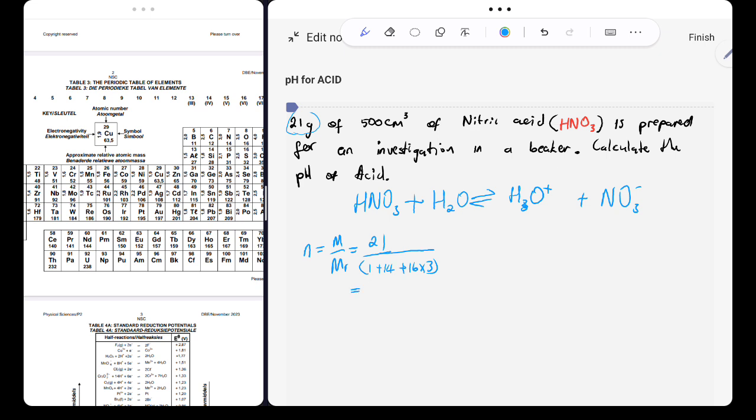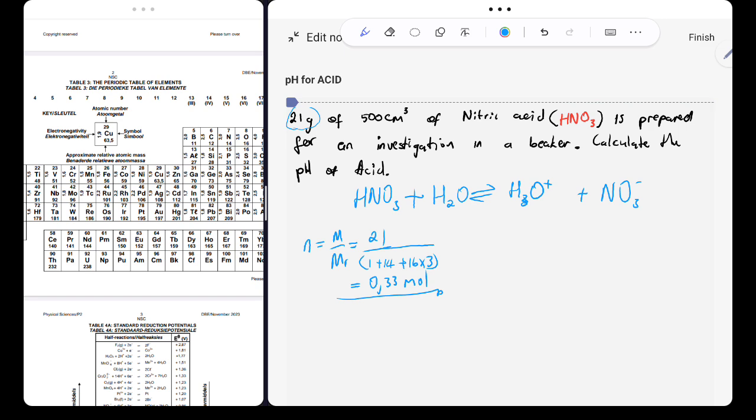So the number of moles: 21 divided by 1 plus 14 plus 16 times 3. I'll simply get 0.33 moles.